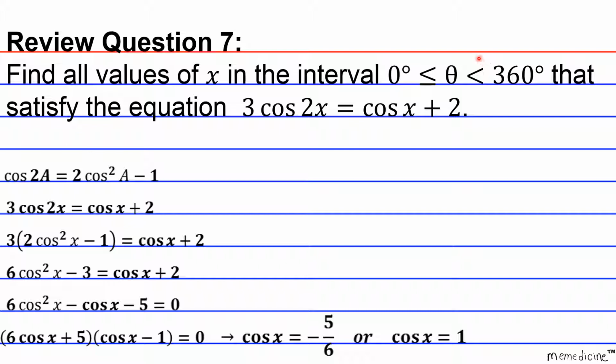But since the interval does not include 360, we're good here, and we know that our value is going to be 0 only, okay? It's just that we have to figure out what's up with this dude over here.